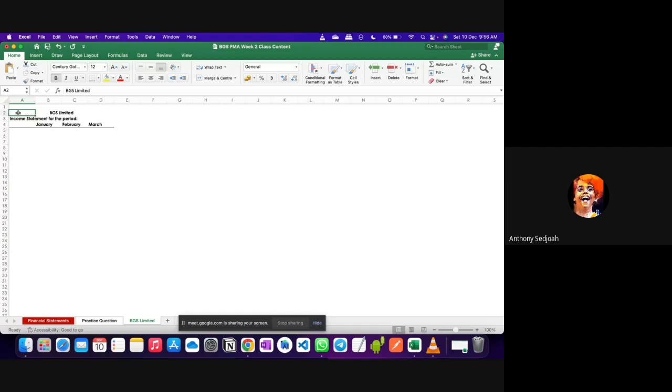Even though when I select cell A2, I don't see the text there, from the formula bar you can see the text that is in cell A2. When I come to B2, I don't see anything there. So if, for instance, I want to increase the font size of the BGS Limited, I'll select A2 and then increase the size like this.